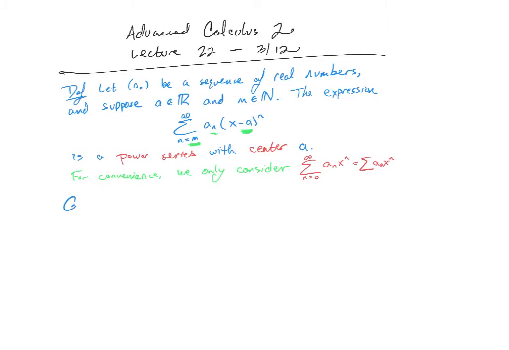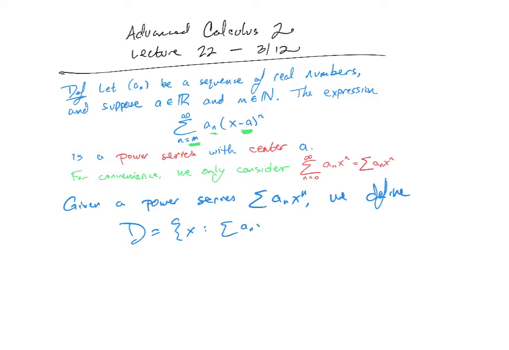So given a power series of this form, we define a set D, for domain, to be the set of x such that that series converges. Okay.